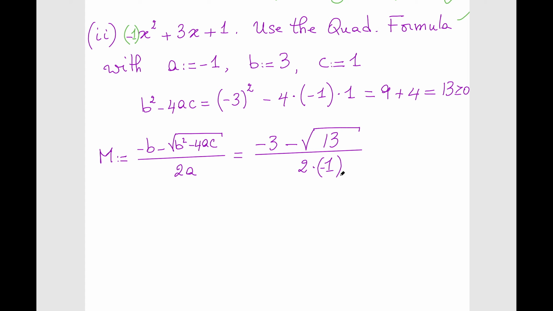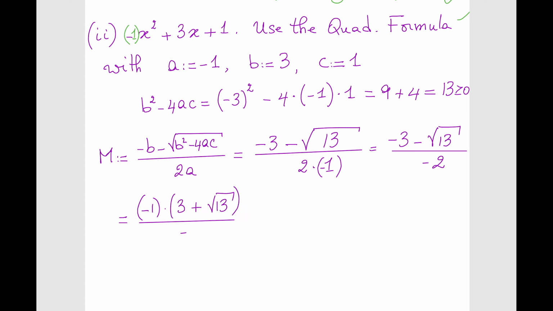Okay, so this is the same then as -3 minus square root of 13 divided by -2. Makes sense? And now if you simplify by -1, in order to see why simplifying by -1 can take place, how about we factor out -1 upstairs? We get -1 times 3 plus square root of 13 divided by -2.